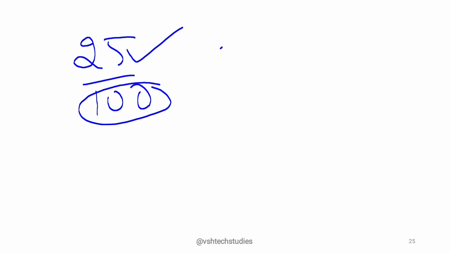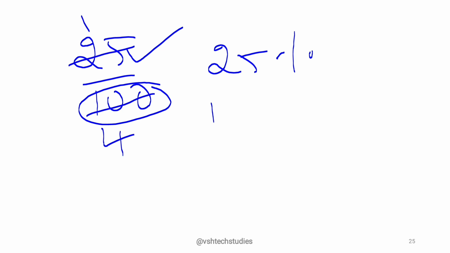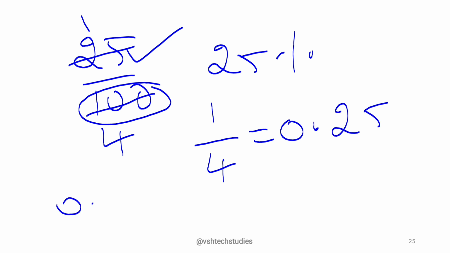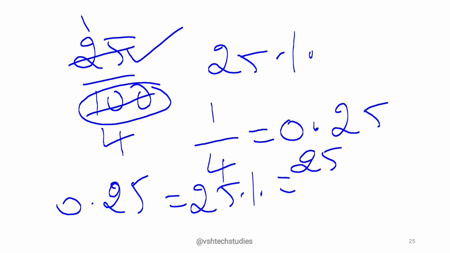That is what 25% is. 25 ones are 25, 25 fours are 100, so 1 by 4 is equal to 0.25. So 0.25 also means 25%. It is also equal to 25 in 100.